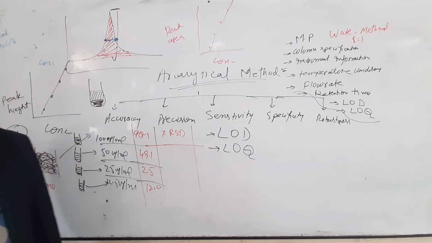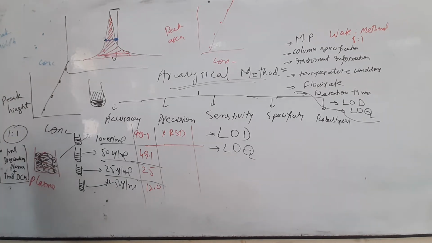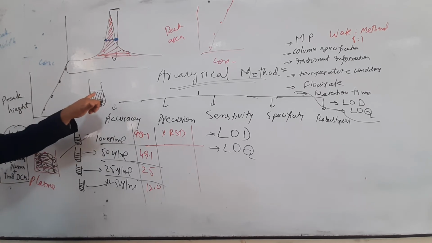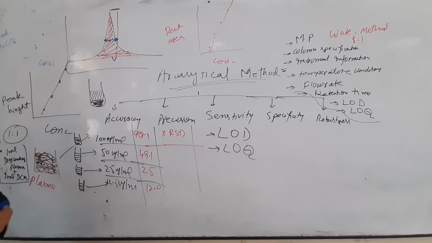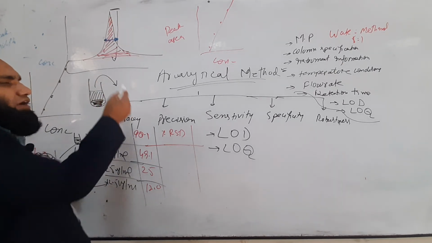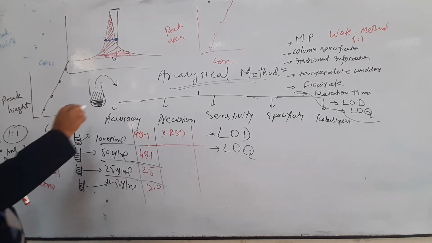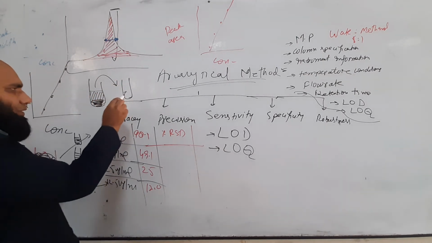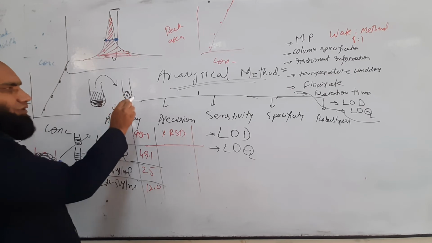If the drug is more soluble in dichloromethane, we will use dichloromethane as the deproteinizer. If the drug is more soluble in methanol, we will use methanol. Okay, we will take the supernatant, and it may be applied directly or we may make another change. First of all, we take the supernatant, the upper layer, and then we will dry it.